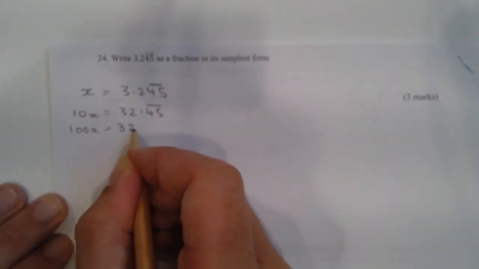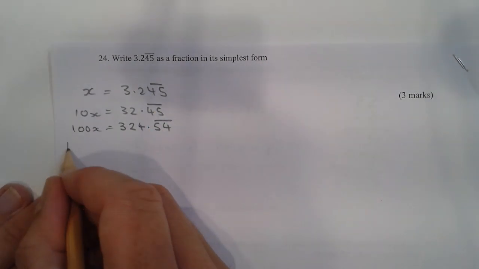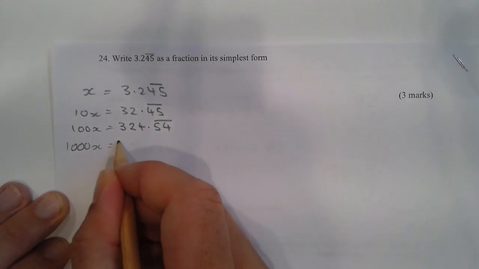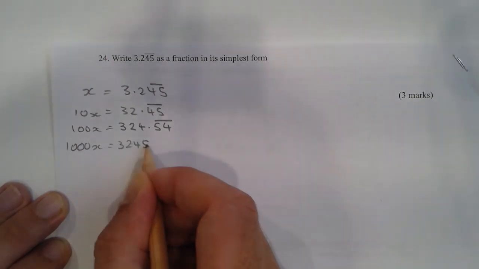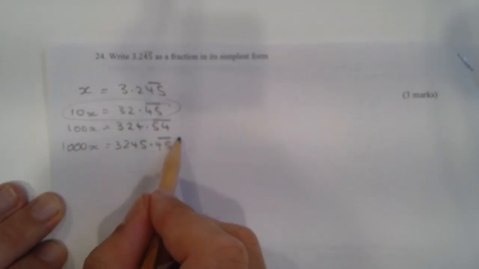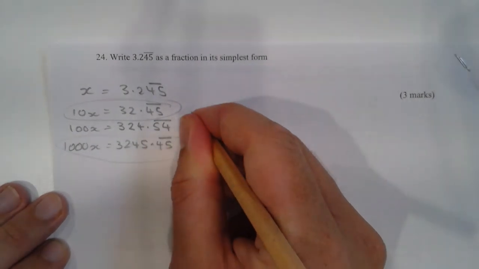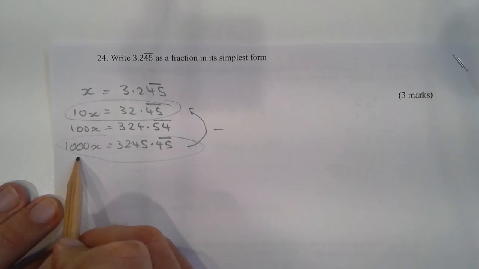Now 100x would be 324.54, then to a different, so 1000x would be 3245.45.